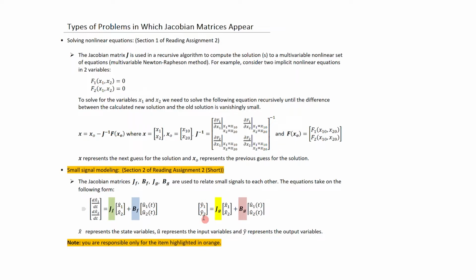Similarly, we have output equations, and these are related to the state variables and input variables through these matrices, which will be called the Jacobian matrices. Again, as I mentioned here, highlighted in orange, this is the material that you'll be responsible for.